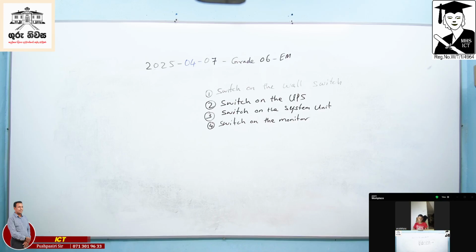Sir, what was the first one? I was lagging. Yes, Anuttara, go ahead. The first one is close all the programs. Okay. Second one is click on the shutdown button.